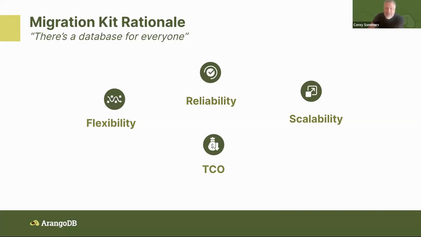And I say that because we are not here to bash Neo4j. We're not here to tell you it's an awful product. We're here to basically say that as your use cases evolve, as your skill level evolves, just like in basketball, as your needs evolve, that's where different products come into play.